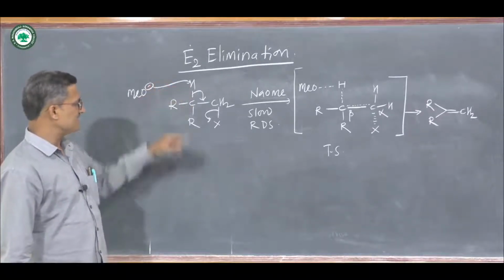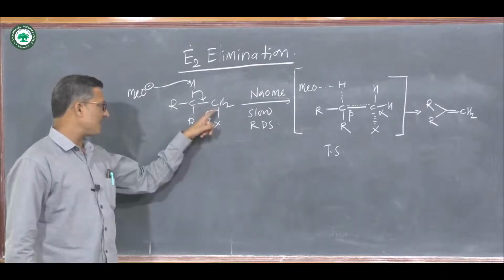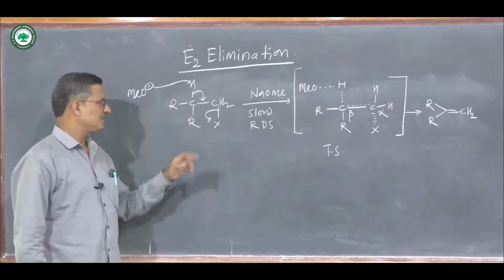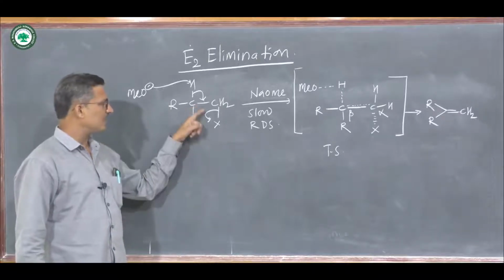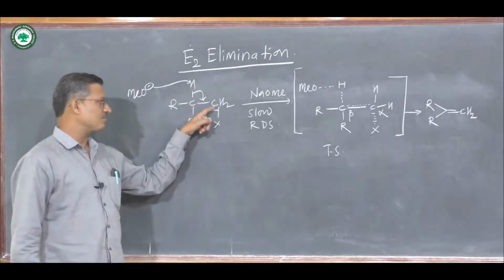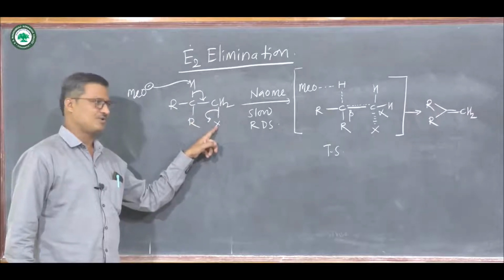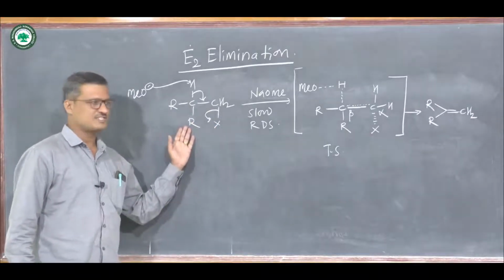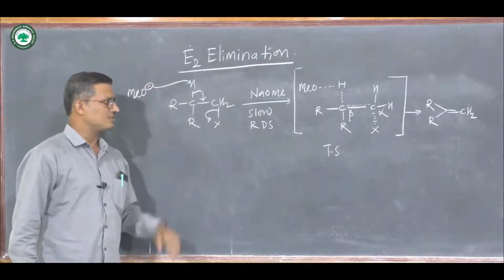And simultaneously, a pi bond forms between alpha carbon and beta carbon. Then again energy is given out, and this energy is used to break the bond between alpha carbon and the leaving group. So in such a case, bond breaking and bond formation take place in E2 elimination.